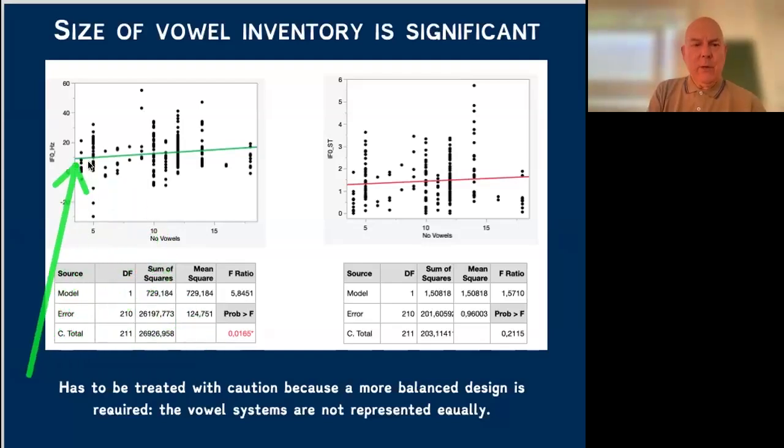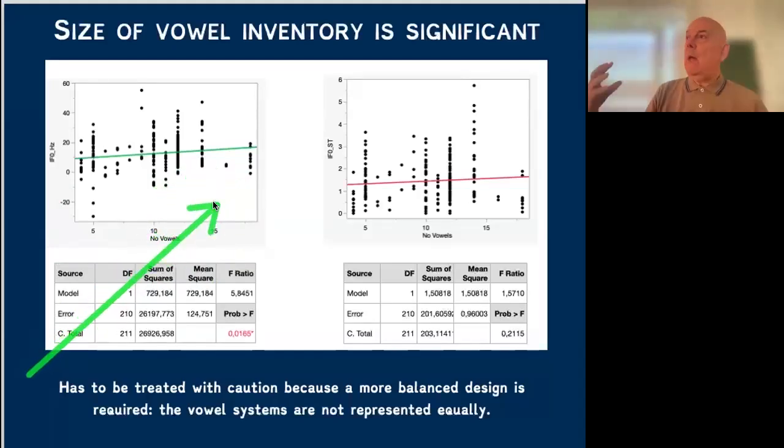So if you fit the best fitting line through those data, you notice that, I need to say, maybe 5 vowel systems, languages with 10 vowels, languages with 15 vowels, it seems that languages with a larger number of vowels have a larger IF0 compared to languages with a smaller number of vowels.